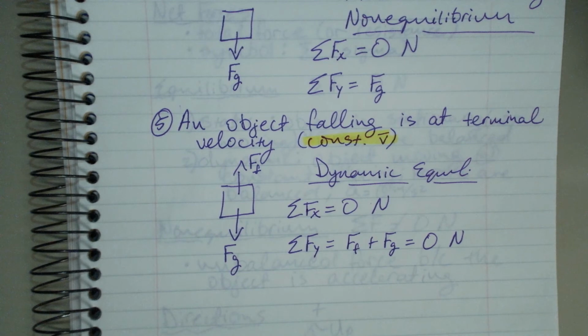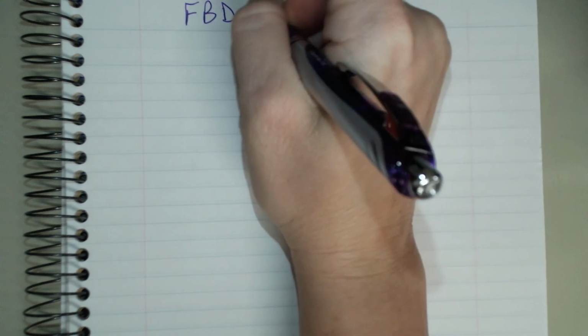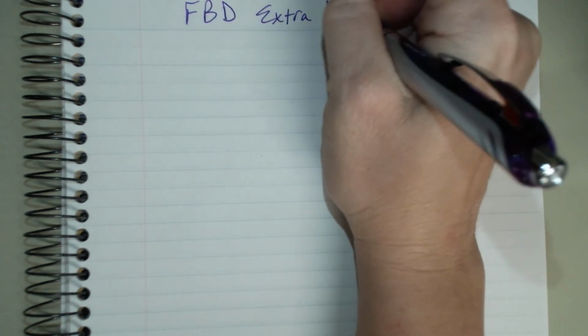Okay, so now I would like for you, and you can just do this in your notes. You're going to have a little activity you're going to do in the lab, okay? And so what I basically want you to do is, we'll call this FBD extra practice, okay?